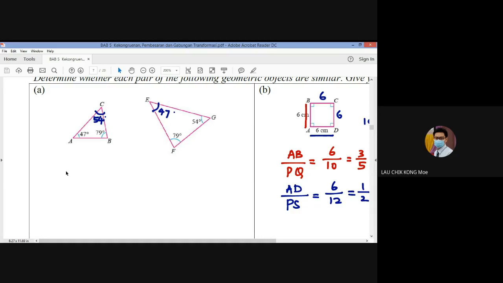So you write down, sebab saya bagi awak banyak ruangan di sini. So you can write down: all corresponding angles are equal. Okay, therefore, the pair of geometric objects are similar.